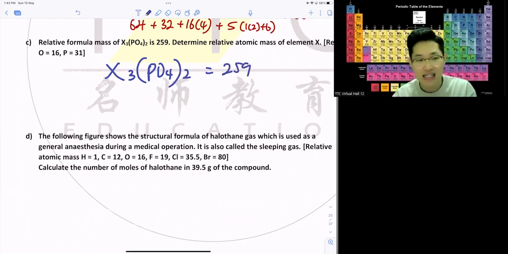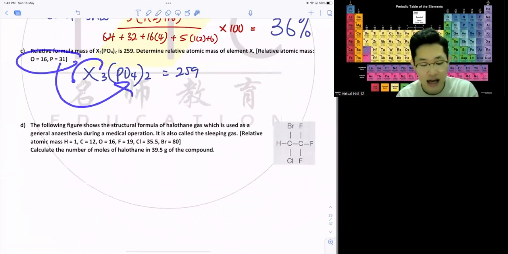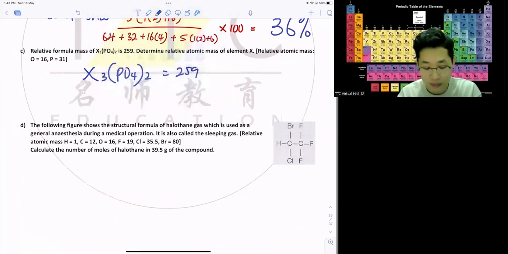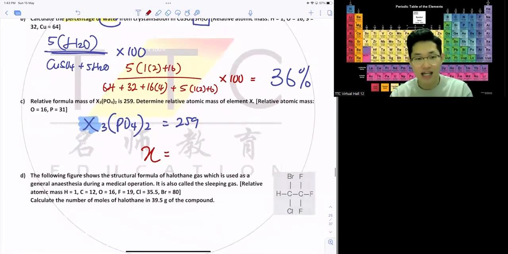This time, sub in all the mass yourself for different alphabet. You sub everything in and find the X. I wait for your answer. Once you got the final answer, please let me know. Sub in yourself and try to get the answer.